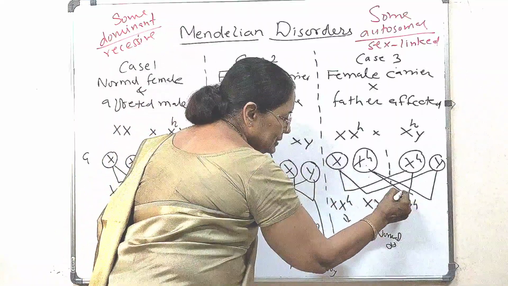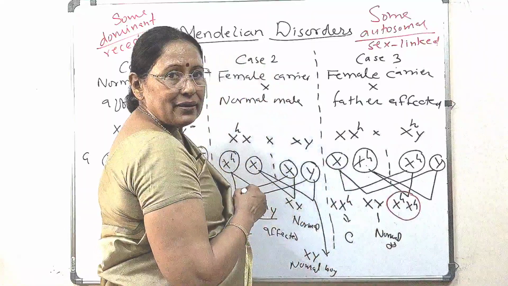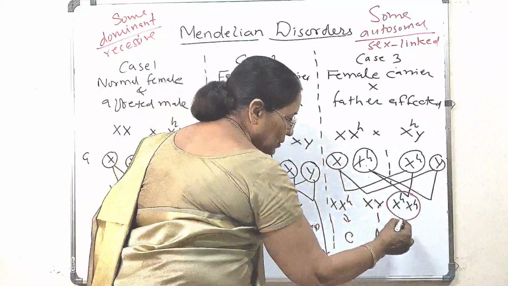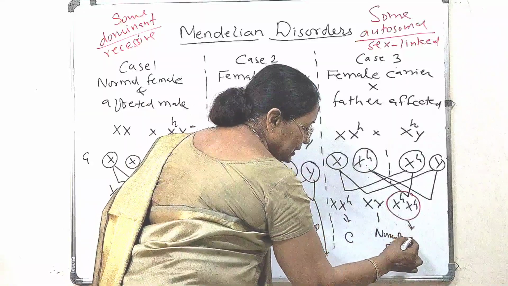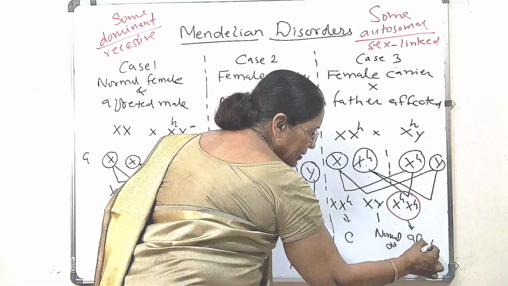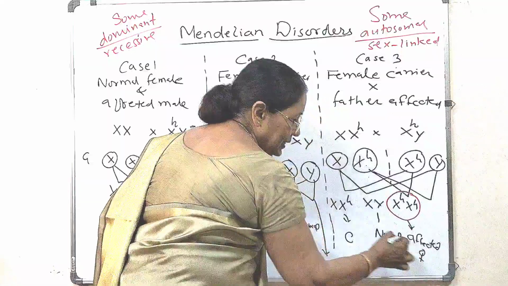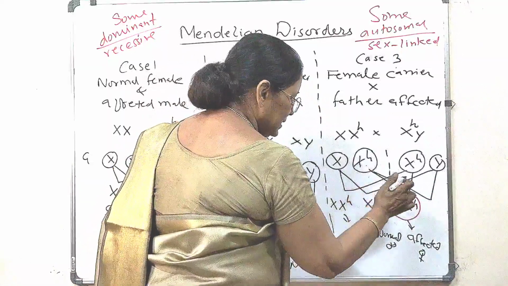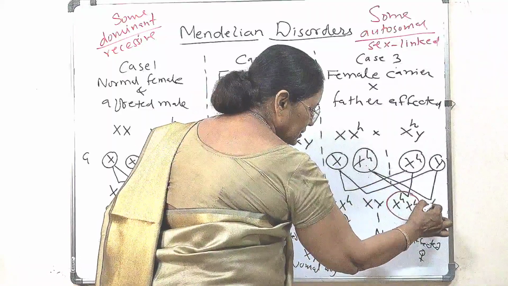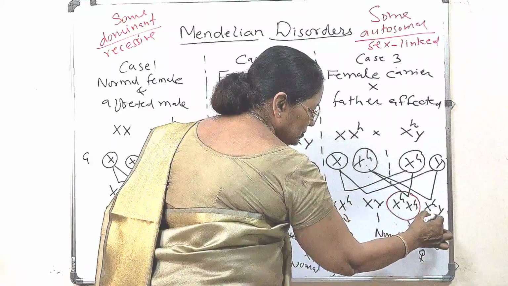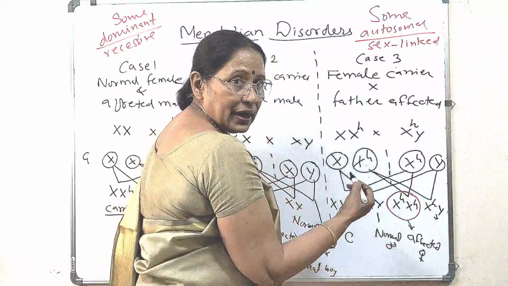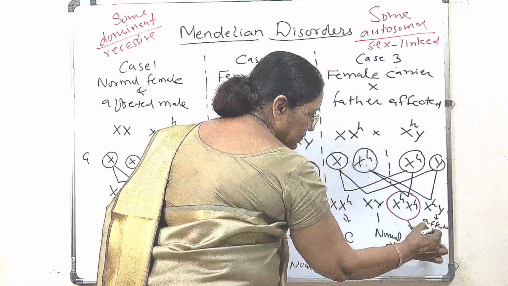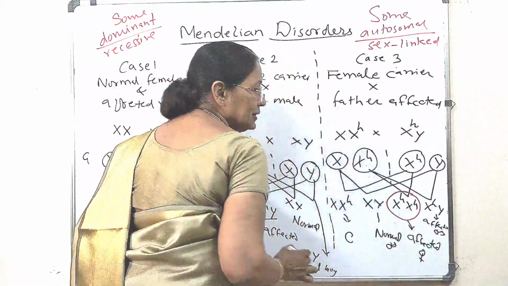This is the rare case, rarest of rare, but it is possible. It happens when both mother and father are hemophilic. So this is an affected daughter. And the last one, Xh and Y, which is a boy, so this is an affected boy. That's it.